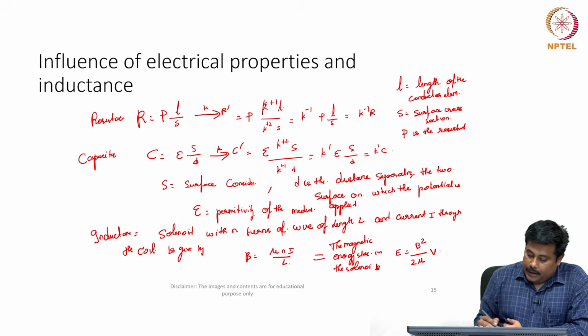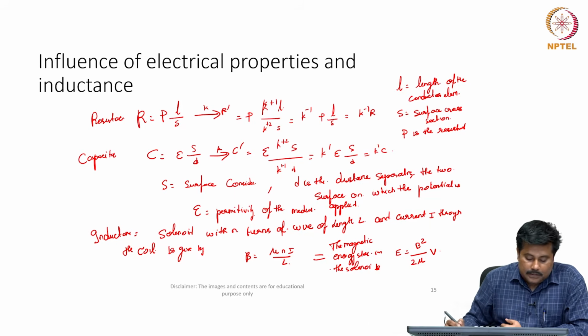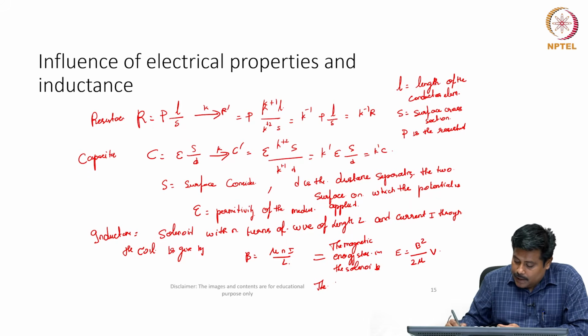So, the magnetic energy in the coil scales as, assuming the current density remains constant and keeping the number of turns constant, L power 5.